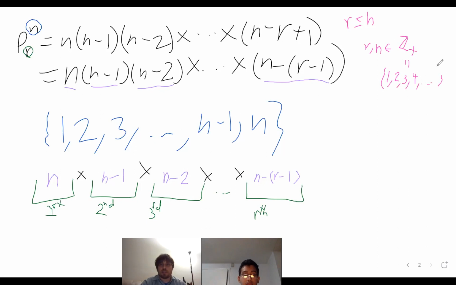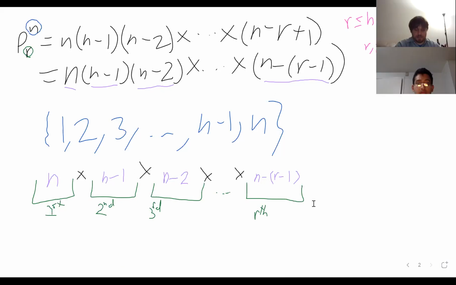This epsilon means R and n are elements of that set. R, n epsilon Z plus is shorthand for both R and n being positive integers. They're both elements of this set.